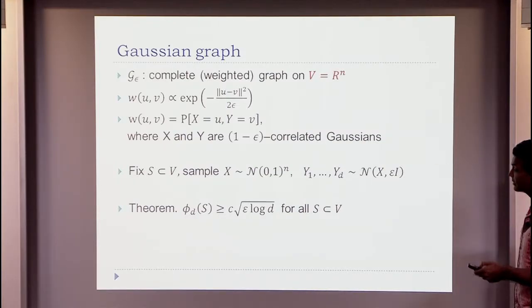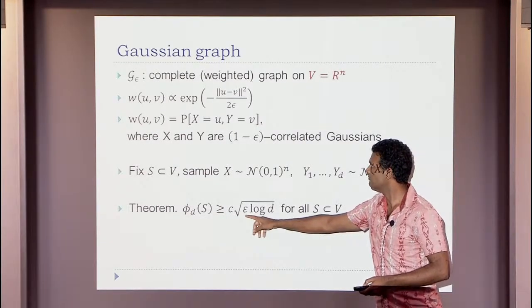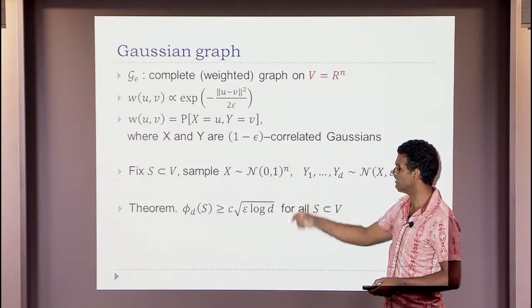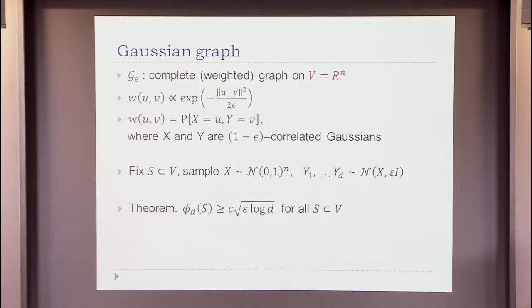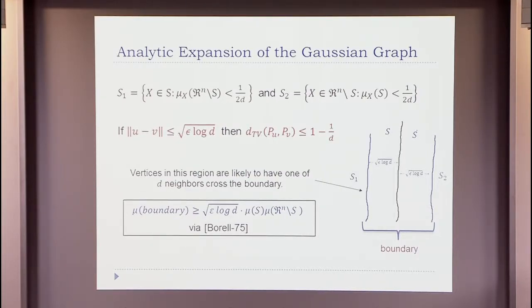So we're asking this in the continuous setting, and the theorem is that if epsilon is this correlation parameter, then you get square root epsilon log d. The proof of this is completely geometric.